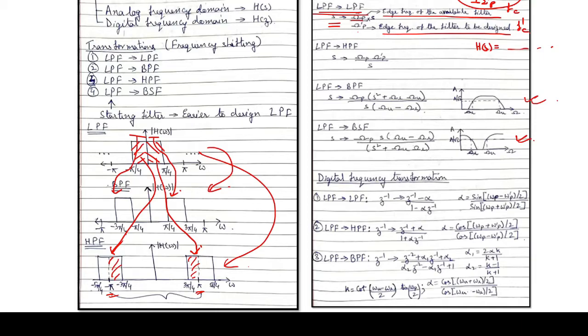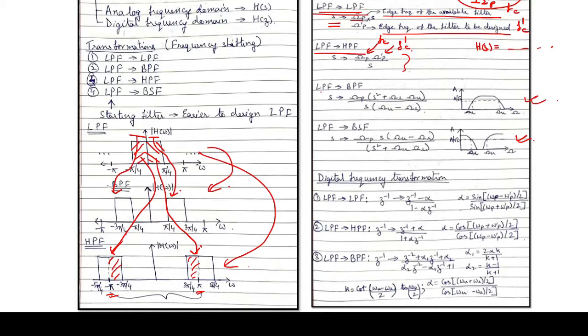You can get a 2 marks question from there. Coming to low pass filter to high pass filter: omega p multiplied by omega dash p, the cutoff frequency of the filter to be designed, divided by s. Same method, you just replace the value of s with this one and you will get the high pass filter.